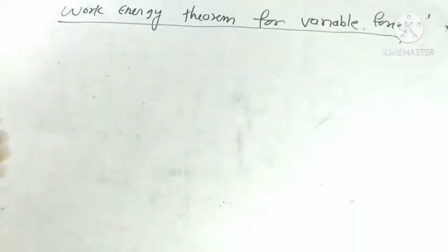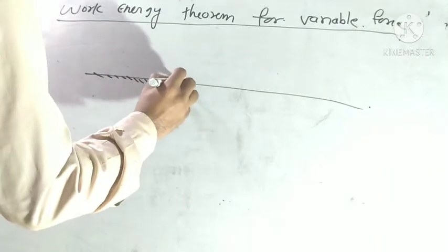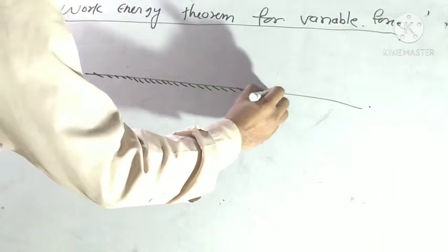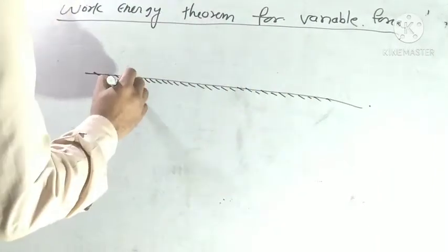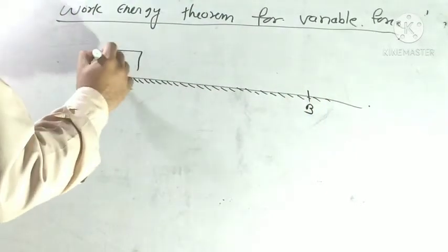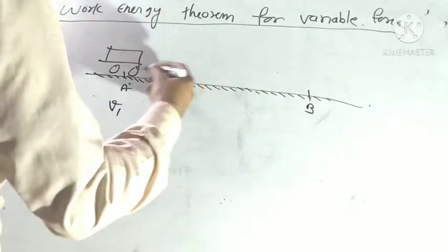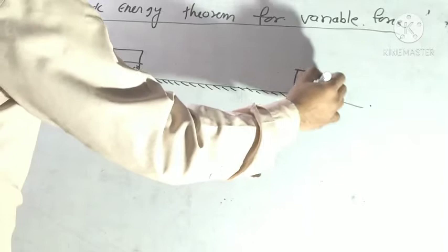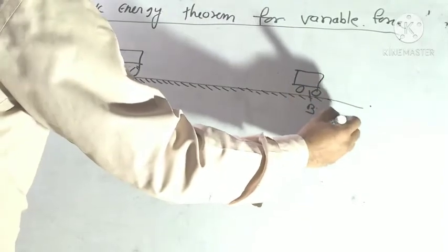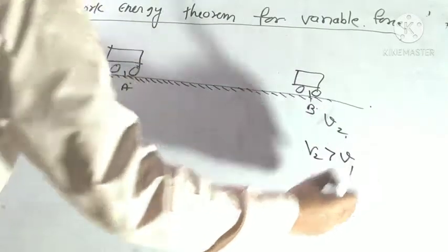Here we take another example. We take a rough horizontal surface and two points A and B on this road. A car is moving on this road with velocity v1 at point A, and when this car reaches point B after some time, its velocity is v2, where v2 is greater than v1.